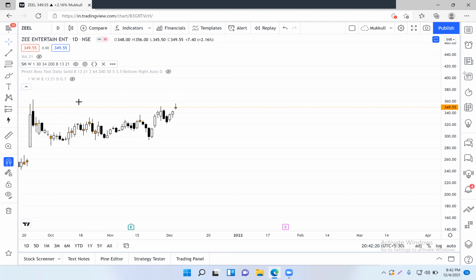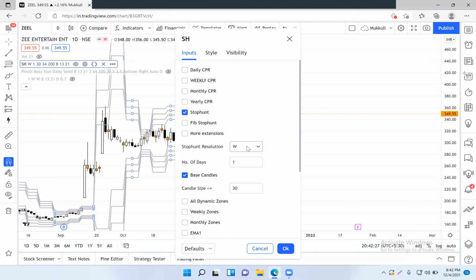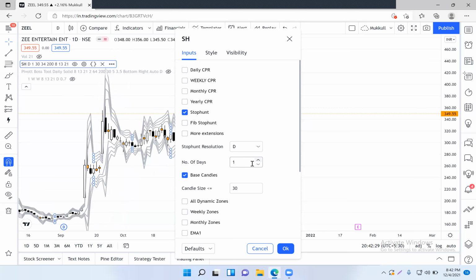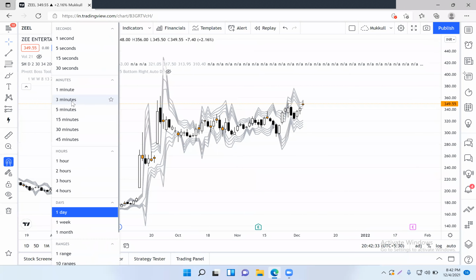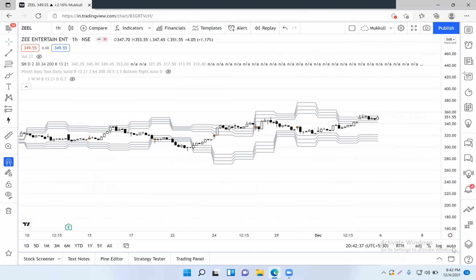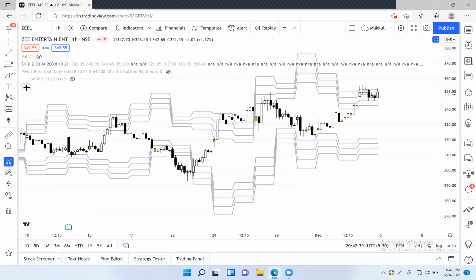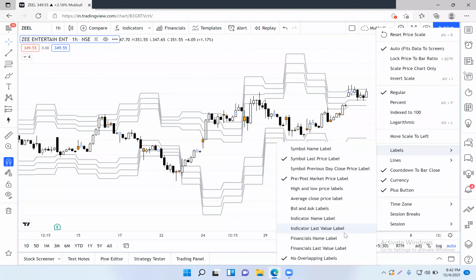You can easily get that. So here is particularly your stop hunt. What are the basic fundamentals of your stop hunt? Let's talk about the setup first. I will just switch on the labels here.